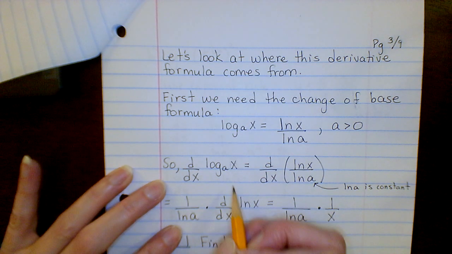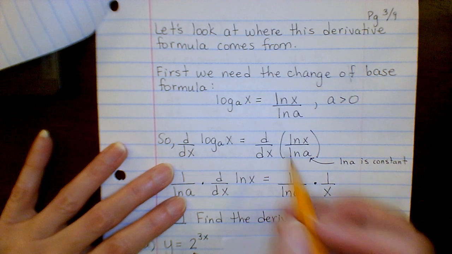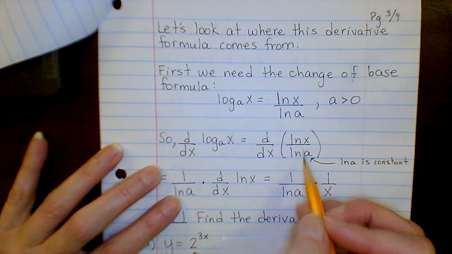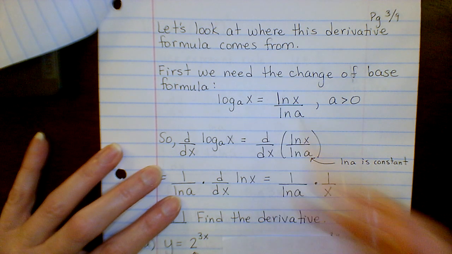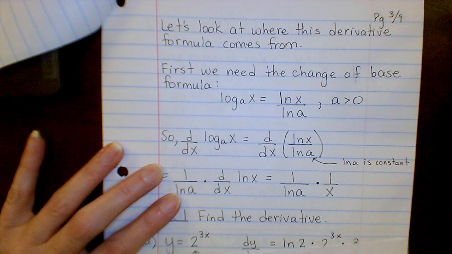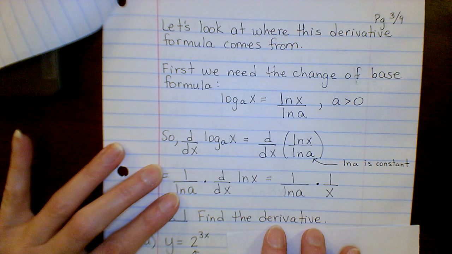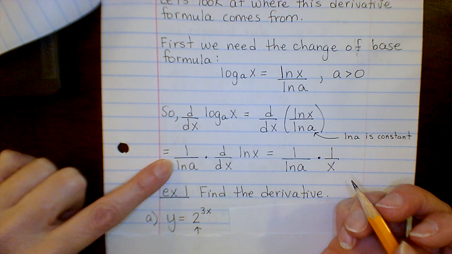All right, so that means the derivative of log base a of x is now rewritten as the derivative of ln x over ln a, just from that change of base formula. Now remember, ln a is a constant. So when it comes to taking the derivative of this, I can take this 1 over ln a out because it's just a constant.